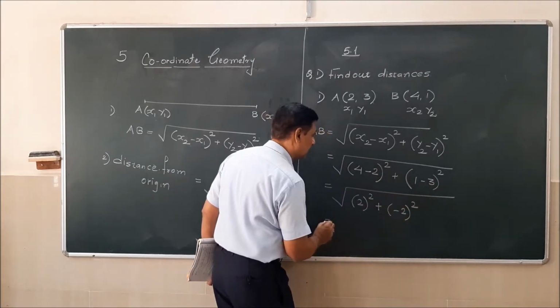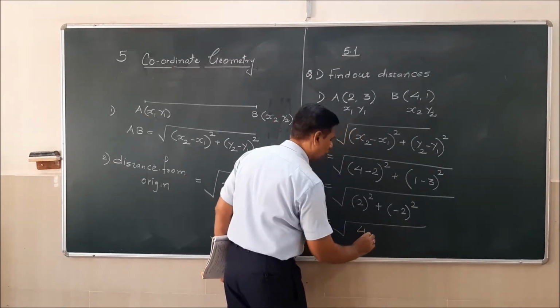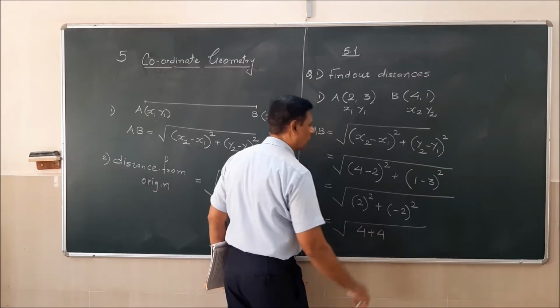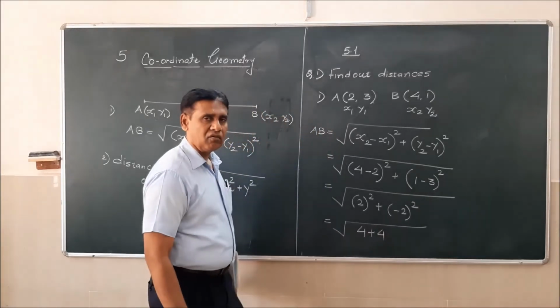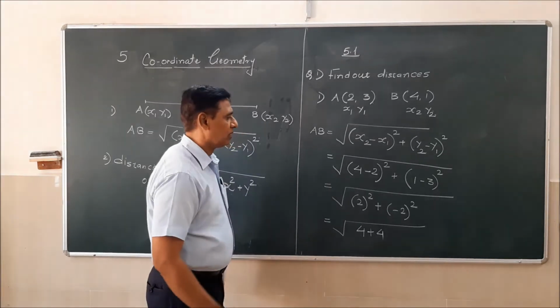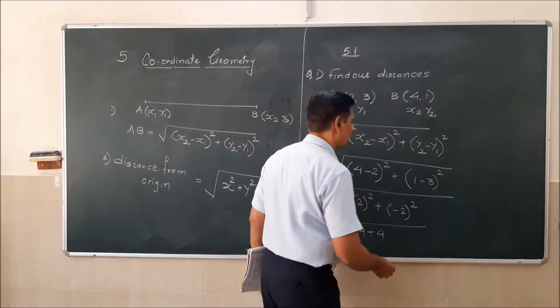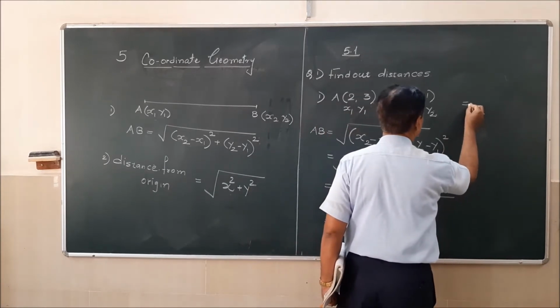Now 2 square is 4, and you all know the square of minus 2 is also plus 4. So 4 plus 4 gives root 8.